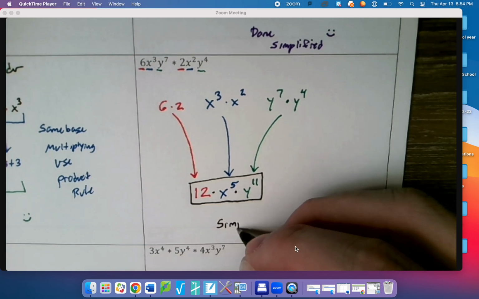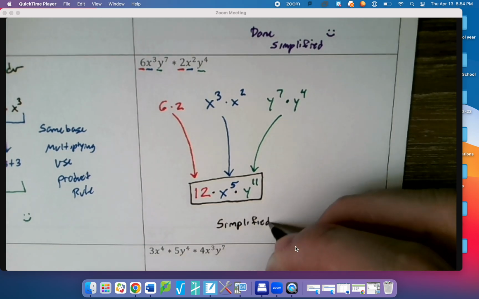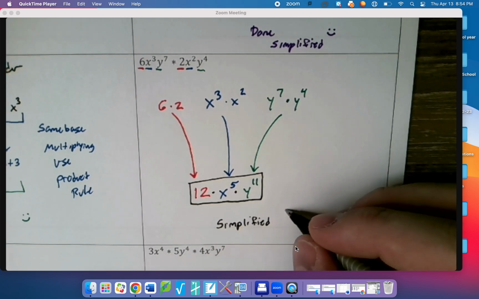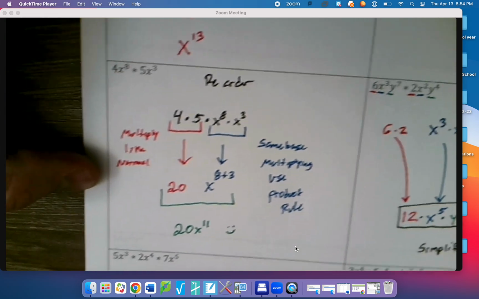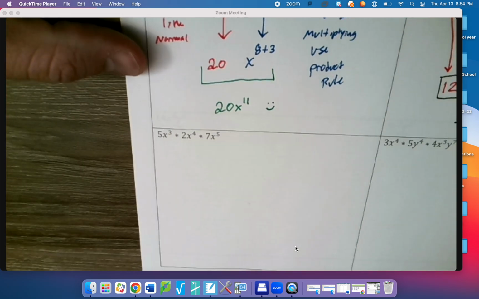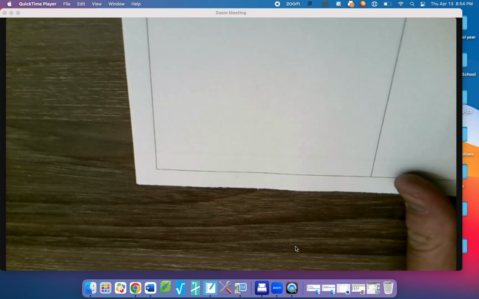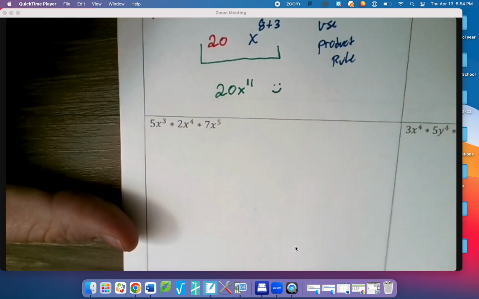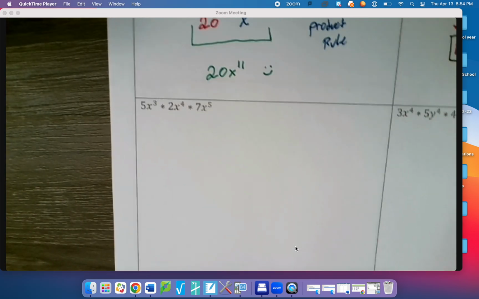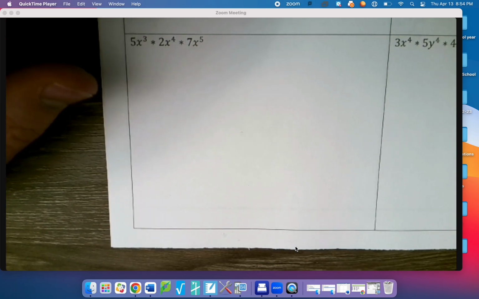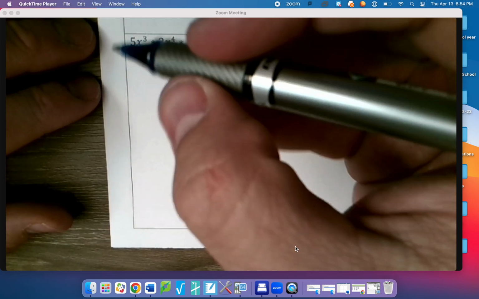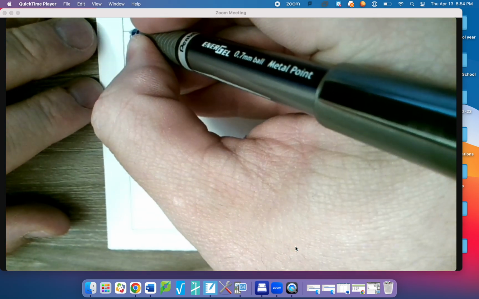And we are simplified. Ding. All right, 2 last ones. Even if you have multiple letters, even if you have more than just 2 terms, I'll move it again. The same process applies. Again, I'm going to go through and I'm going to use my colors. This time I'm going to be a little bit more aggressive about it.